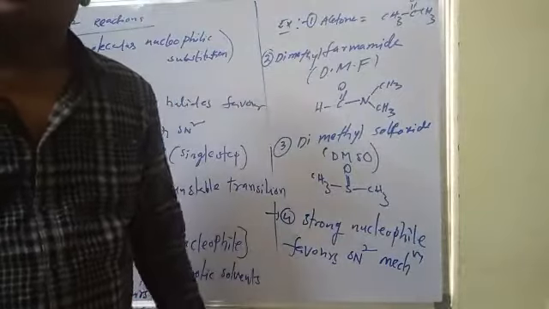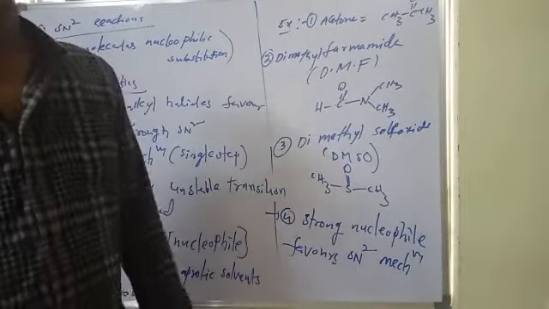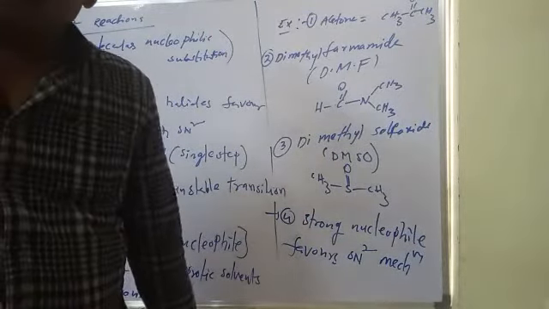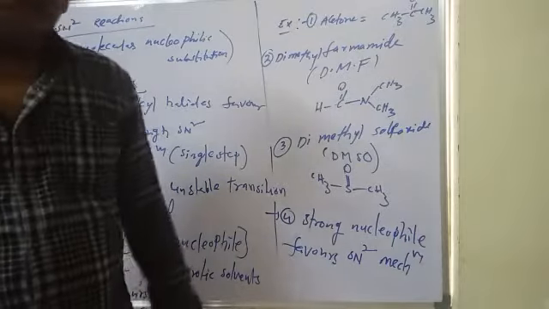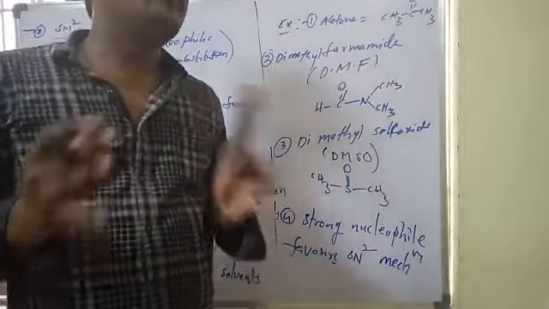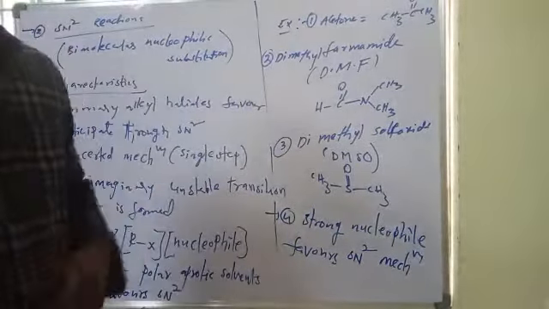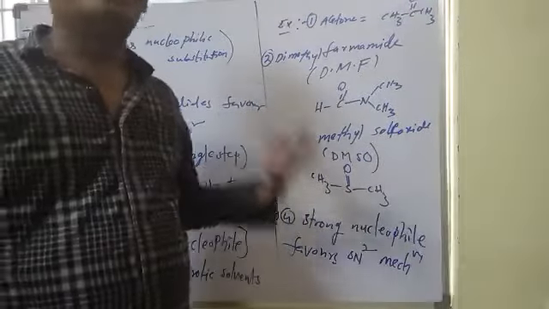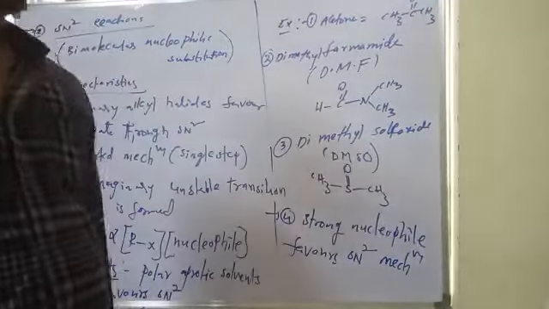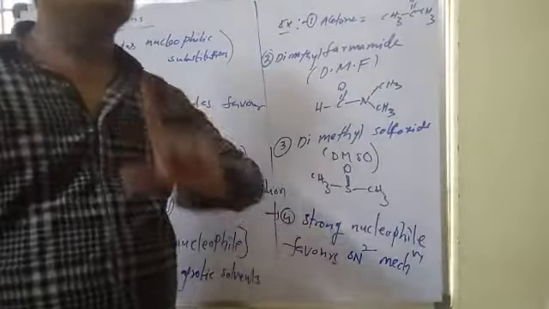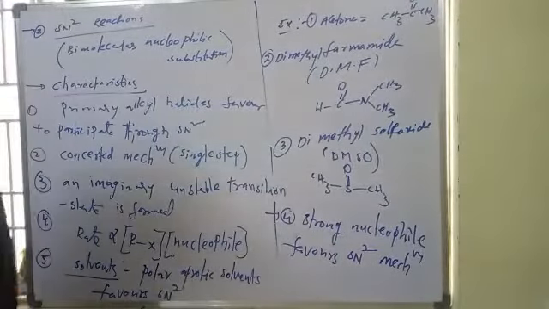But in the case of SN1, a weak nucleophile works, because the nucleophile does not affect the rate of the reaction. In SN2, the nucleophile plays a major role; along with alkyl halide, the nucleophile also affects the rate. So generally strong nucleophiles favor the SN2 mechanism.